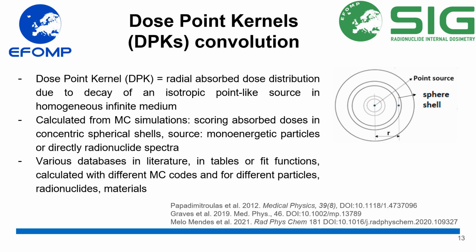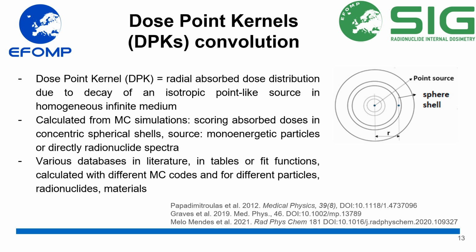To introduce the next algorithm, which is dose-point kernel convolution, we have to first introduce what a dose-point kernel is. A dose-point kernel is the radial absorbed dose distribution due to the decay of an isotropic point-like source in an homogeneous infinite medium.